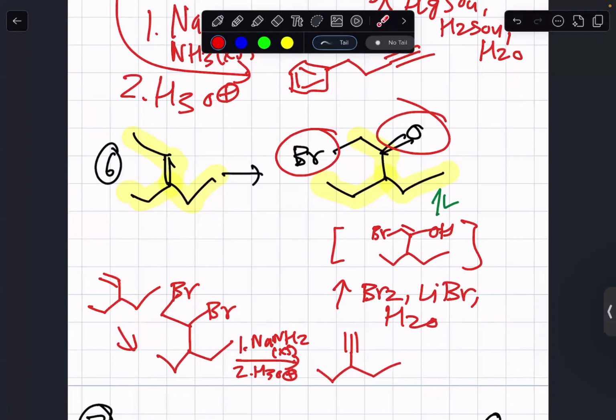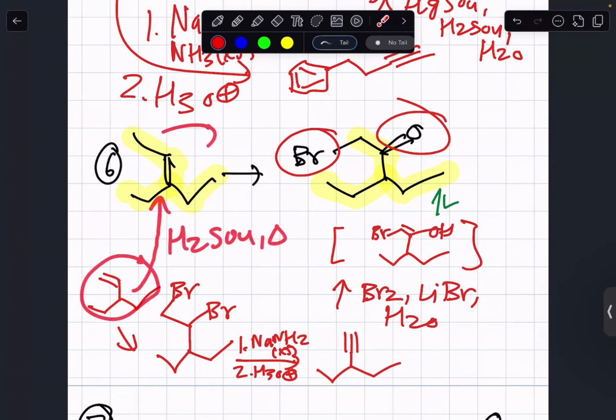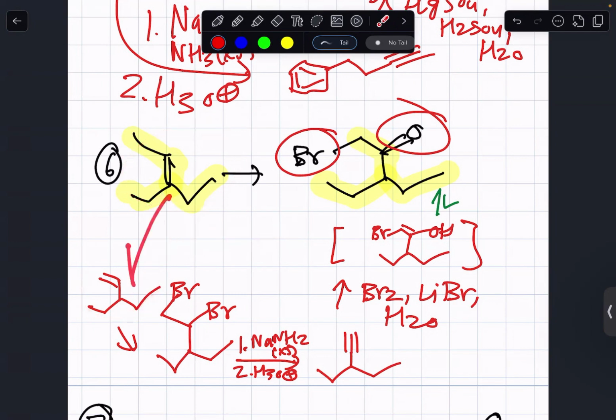So, Yasmin, you're thinking of isomerization going backwards, right? You're thinking of H2SO4 heat, which would convert this less stable alkene to the more stable alkene, but that's going the wrong direction. We want to go in this direction here, right? So when you do retrosynthesis, it's going backwards, not forward. So don't think about trying to get from here to here. We're trying to go backwards when we do this synthesis problem.